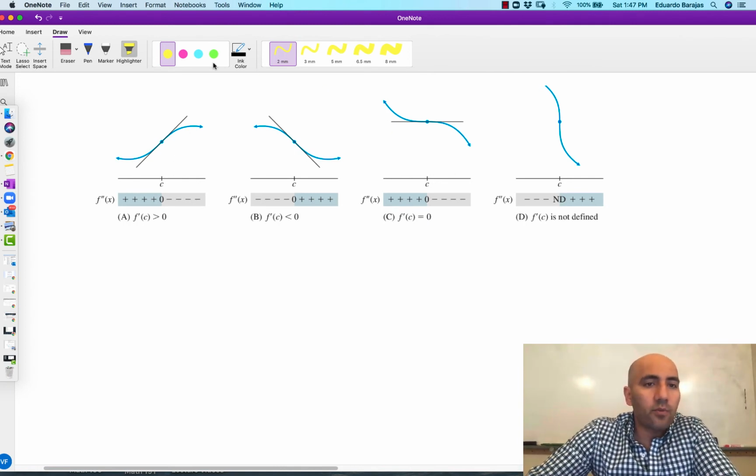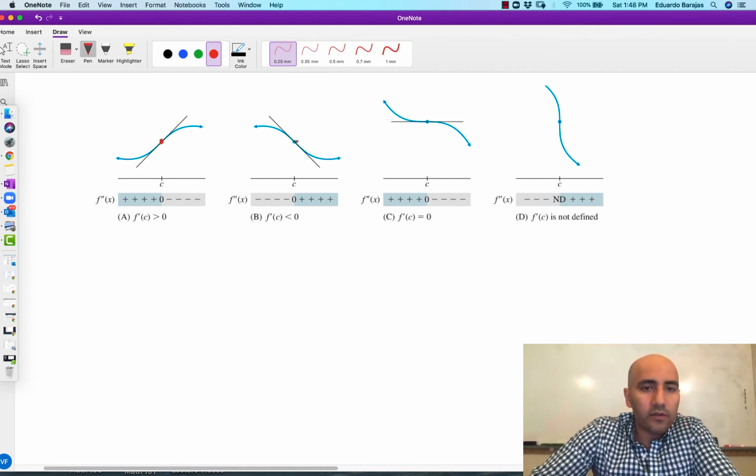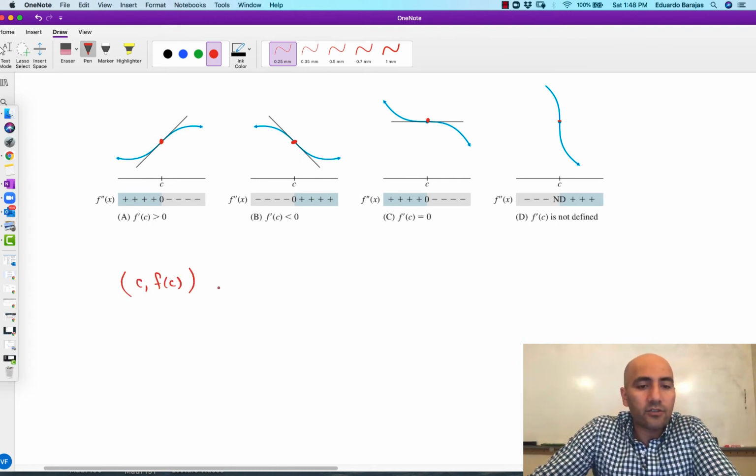Here's a nice little graphic that gives you several examples of inflection points. So all of these points here, let me highlight them. All these little dots here in red are inflection points. So at every one of these graphs, the point (C, f(C)) is an inflection point.